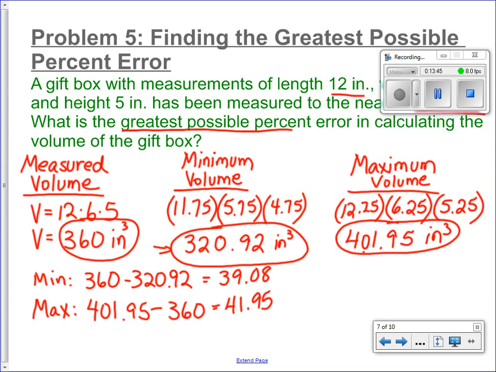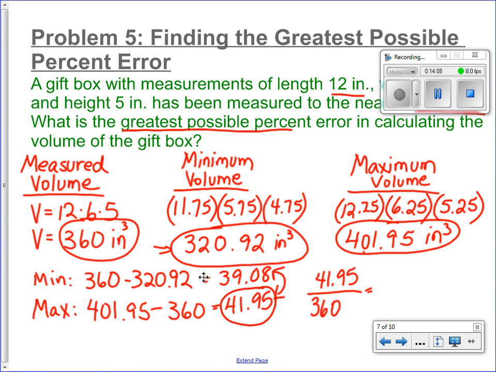So between these two amounts, we pick the larger amount, and the larger amount would be 41.95. Then, to find our percent error, we divide by the measured volume, 360.